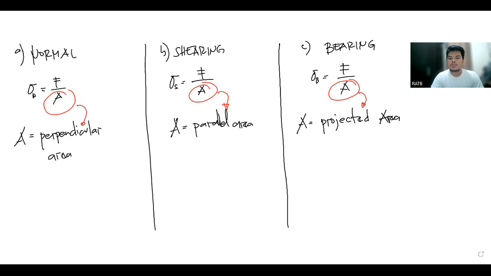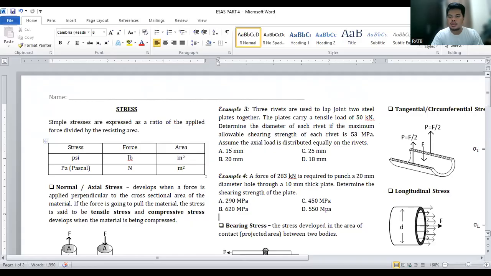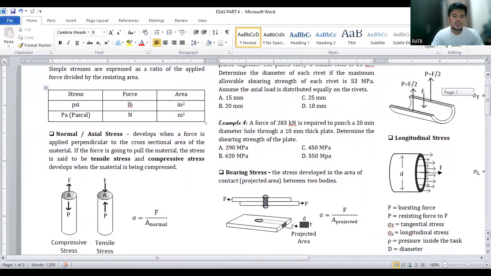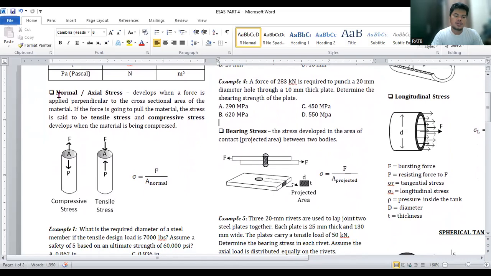In the next presentation about the difference, we have the normal stress. As you can see, the area being considered is the area that is perpendicular.